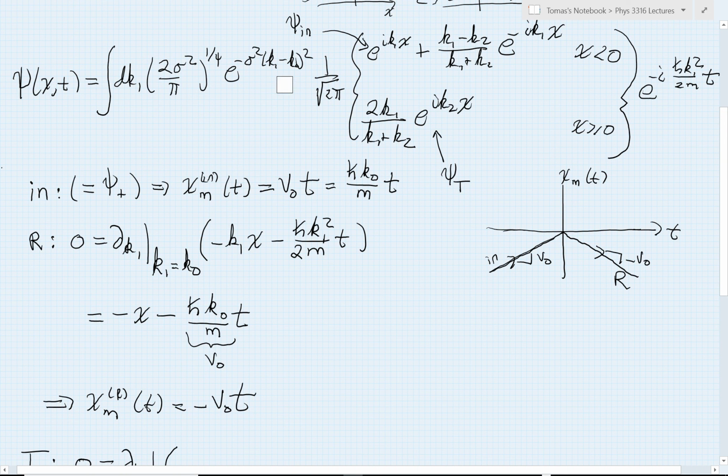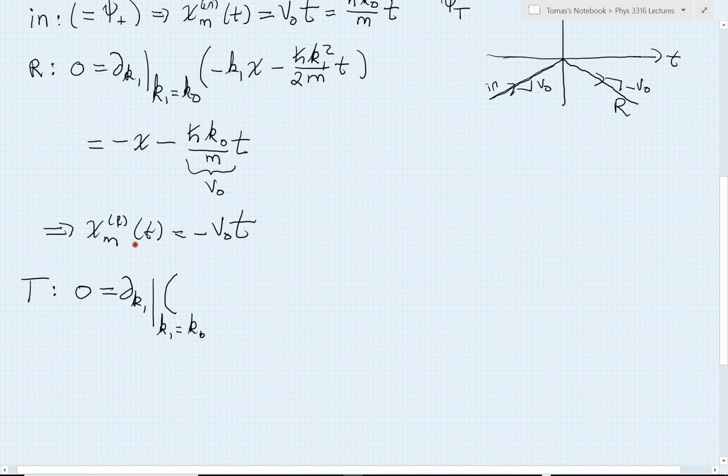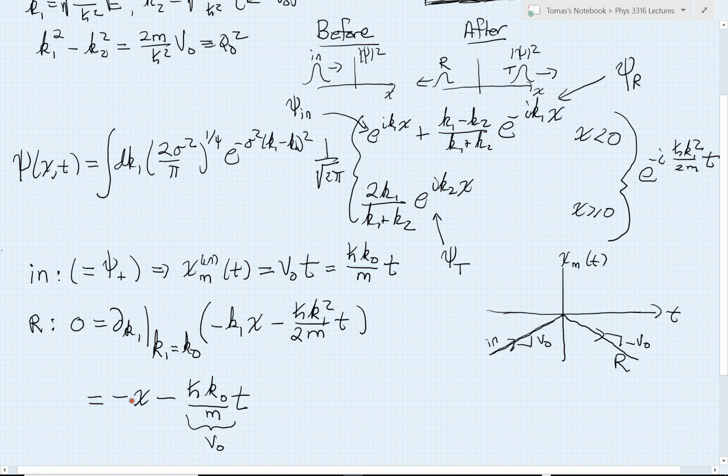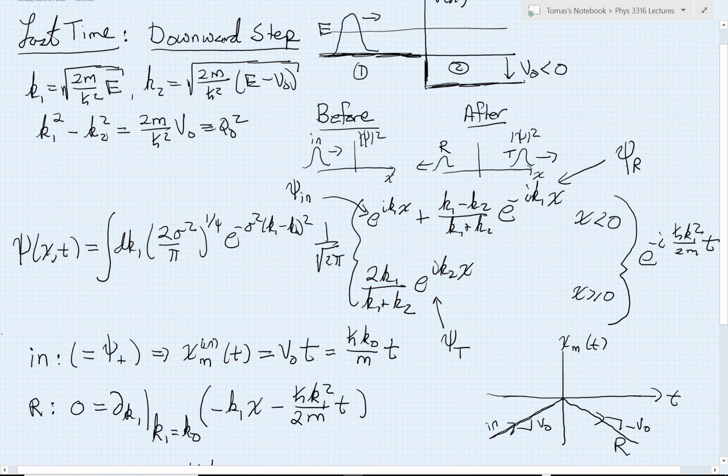I can then look for other phases. Again, my prefactor now has no phase, so the only phases are in the i K2 x and the standard time-dependent part. Now the K2 x term we have to be a little bit careful about. K2 is actually a function of K1. K1 and K2 are not independent of each other.